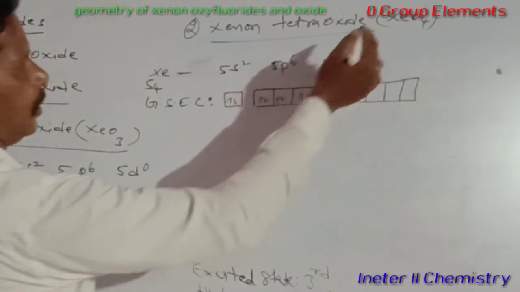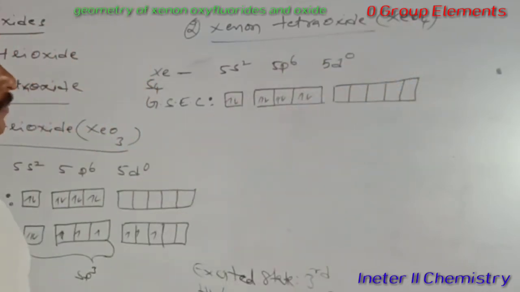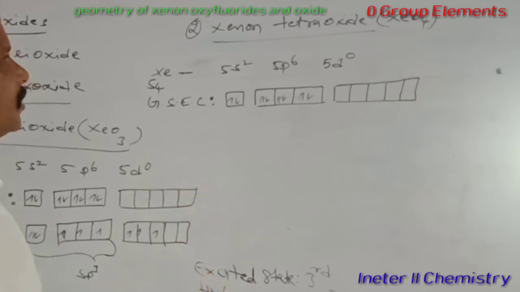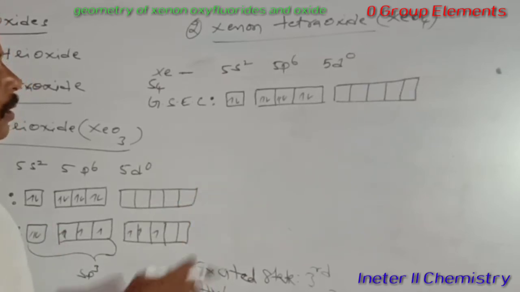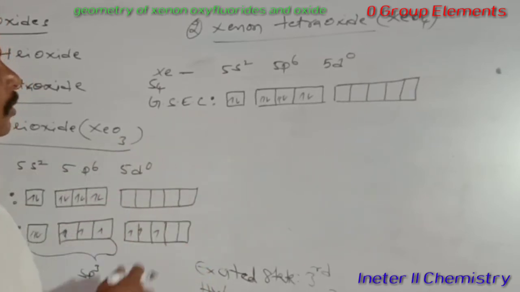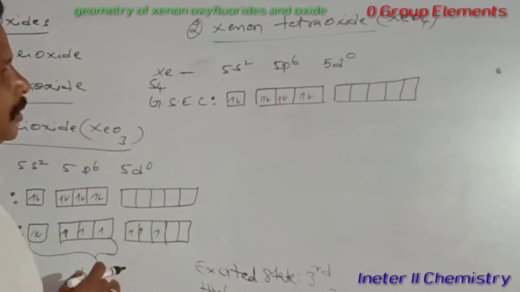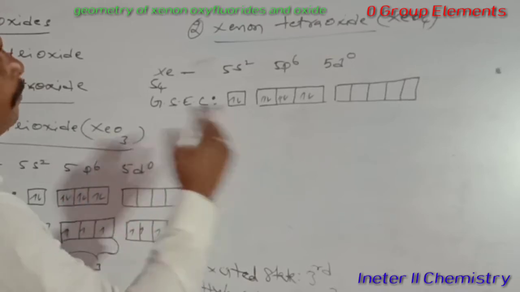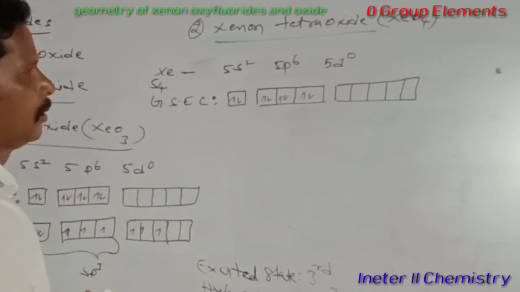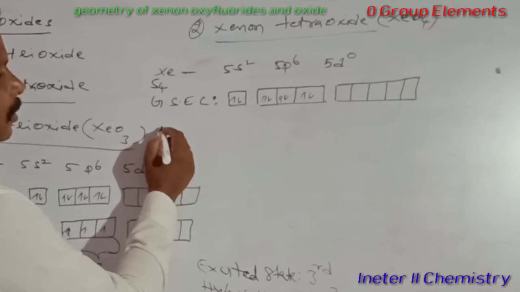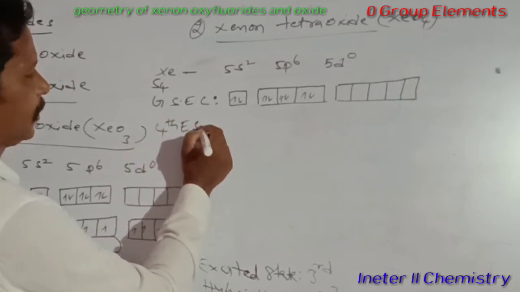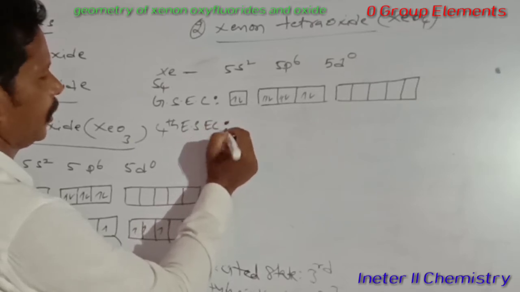As here in xenon tetroxide we want 8 covalent bonds, of which 4 bonds are sigma bonds, it is excited to the d orbital. Totally, s and p electrons are excited to the d orbital. Means it is the fourth excited state electron configuration.